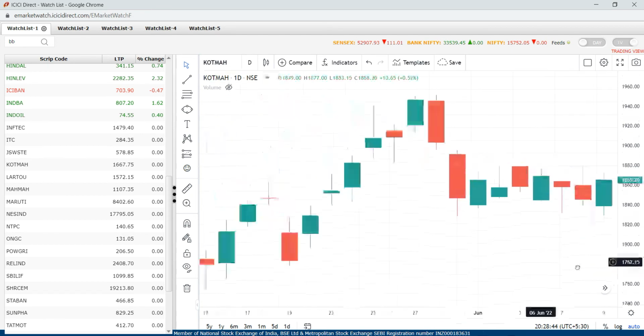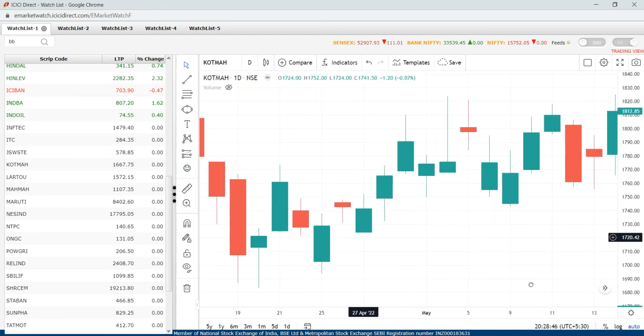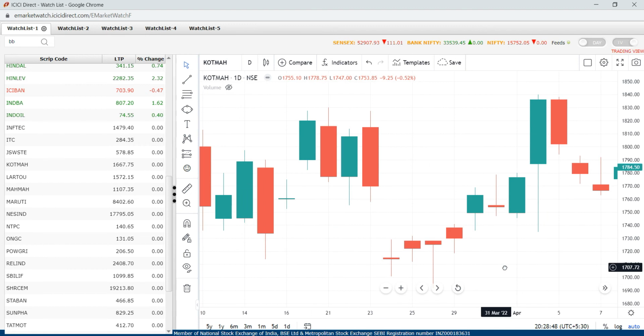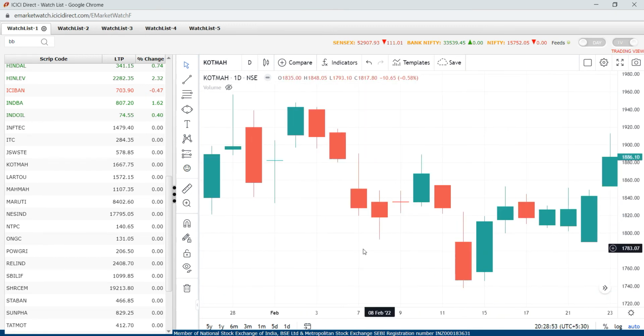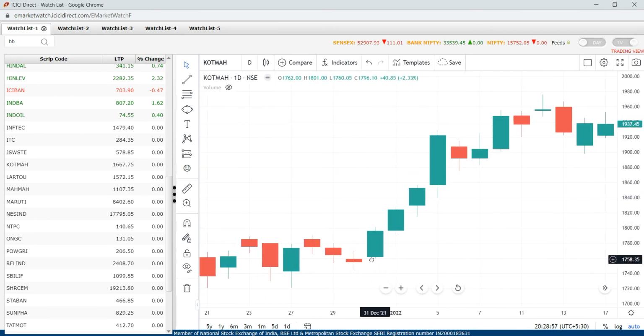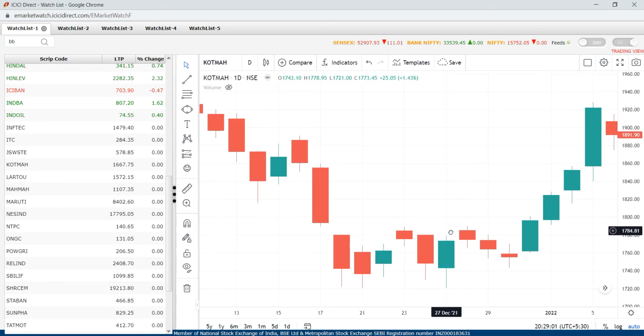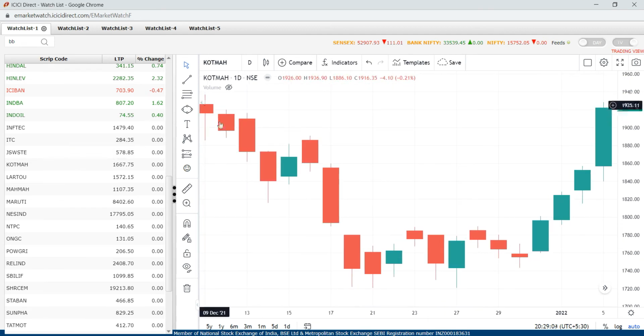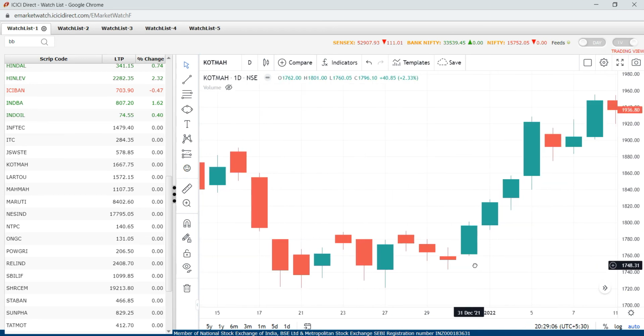So I've taken Kotak Bank. Let's see if we can find any morning stars on this. Okay, yeah, you can find this is one more. See, the trend was down and you find a morning star here, and after that you can see this candle closed much higher than the first candle.